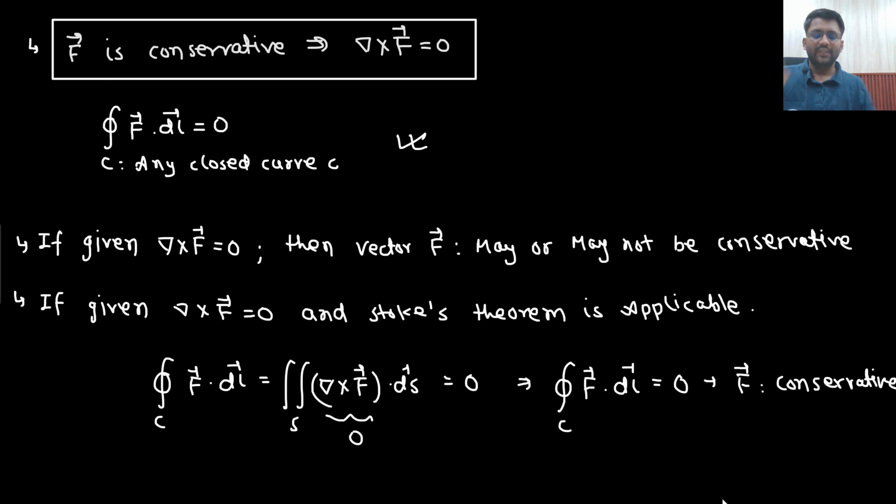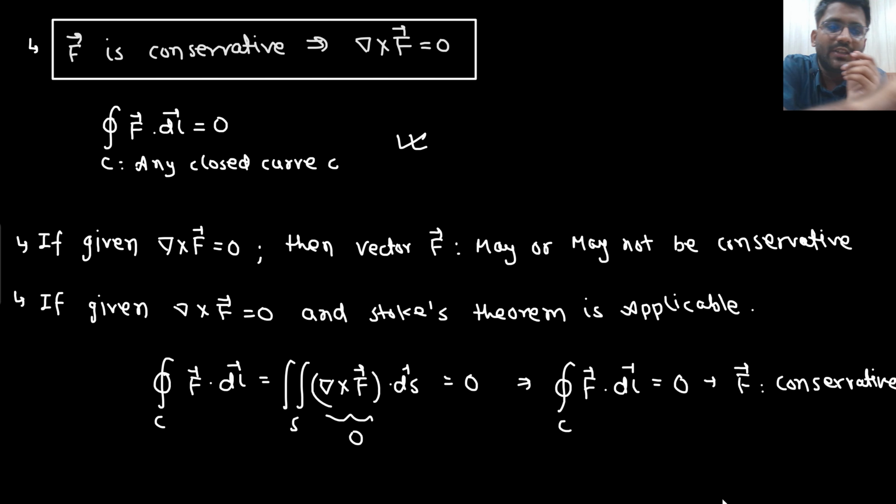So now listen to the statements very carefully. First one. For any closed curve C, f dot dl is coming out to be 0. That means my field f will be conservative for sure. Is that statement correct? Absolutely correct. Second statement. If my field f is conservative, then you take any closed curve C in 3D space, f dot dl will always come out to be 0. Is that statement correct? Yes, it is completely correct. Next statement.